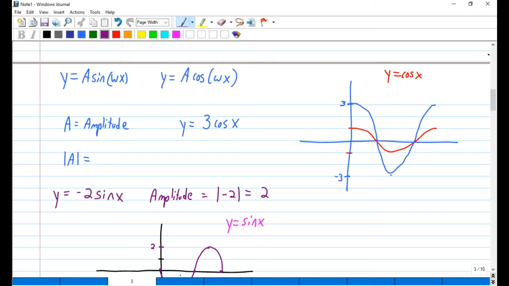Instead of taking the sine of pi over 6, you're taking the sine of 2 times pi over 6. So you're taking the sine of pi over 3. So it means it's going to go up a lot faster, it's going to go down a lot faster, so it's going to be compressed. So whenever the omega, the number in front of x, is larger than 1, that's going to compress the graph.